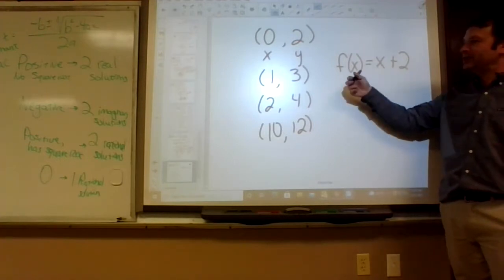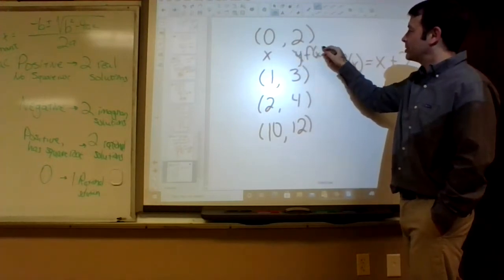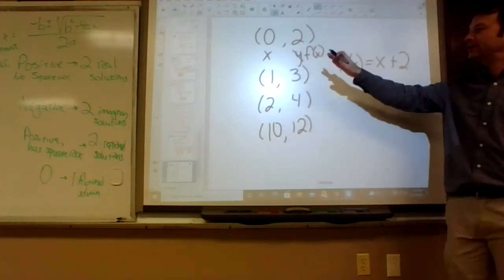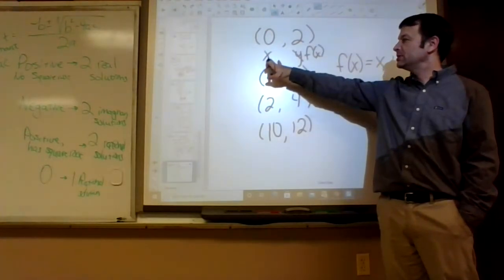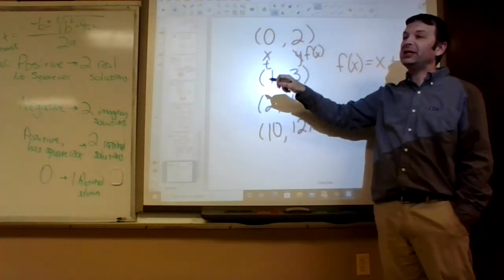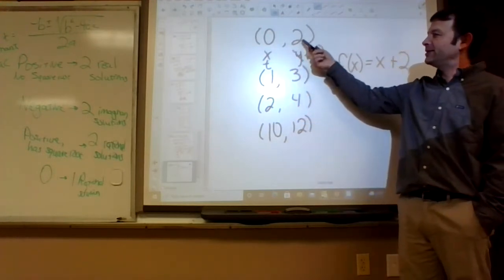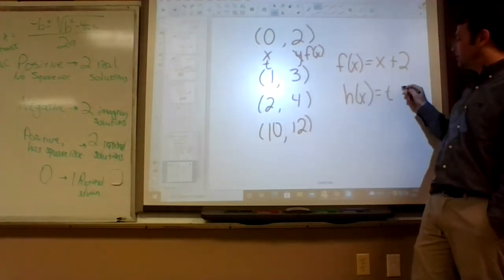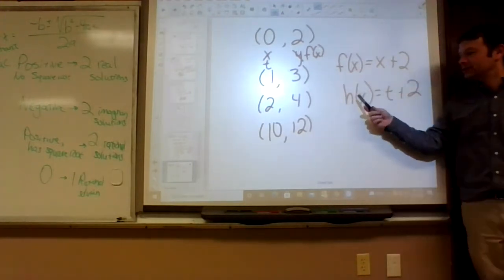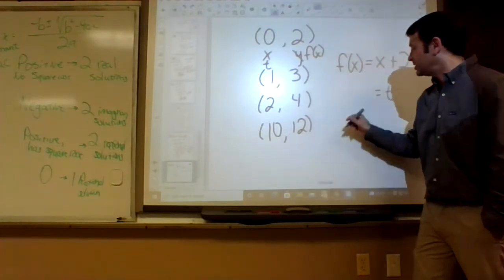And they might not use x and y, or x and f of x. Instead of x for the years, what might they use? t for time, right? And then instead of y for the height, maybe they'll call it h of t for the height.